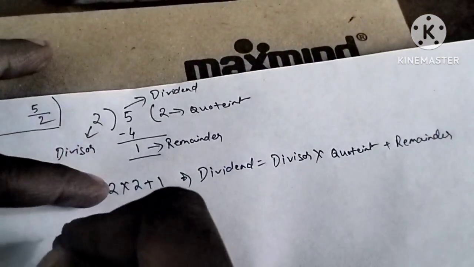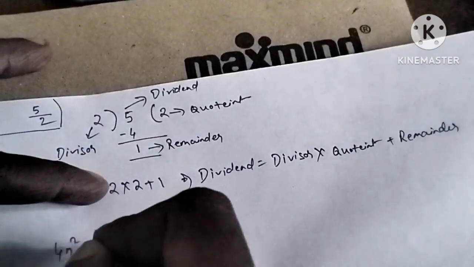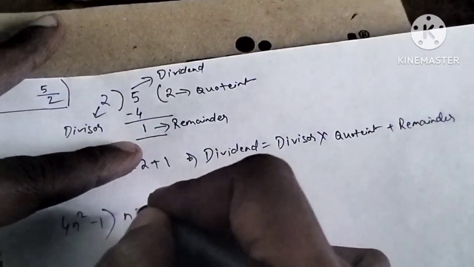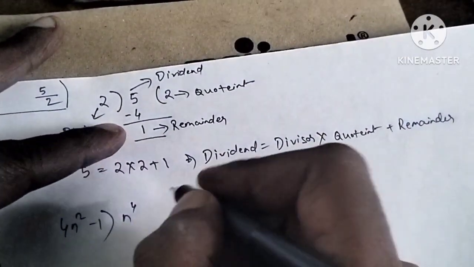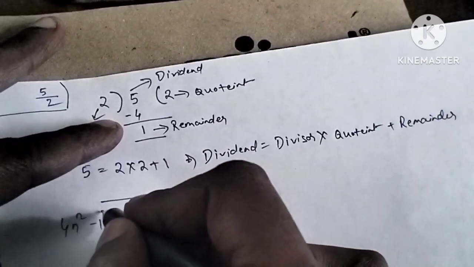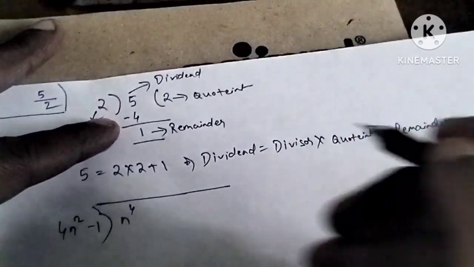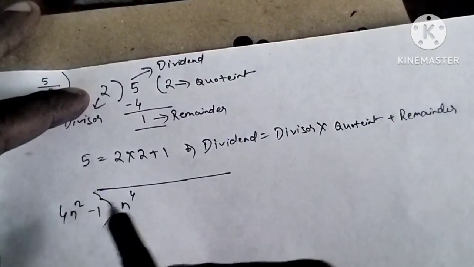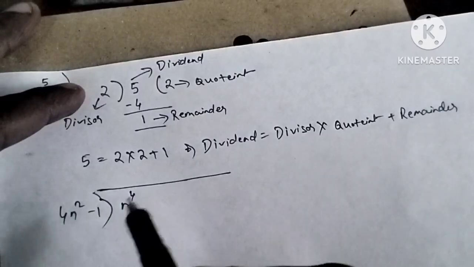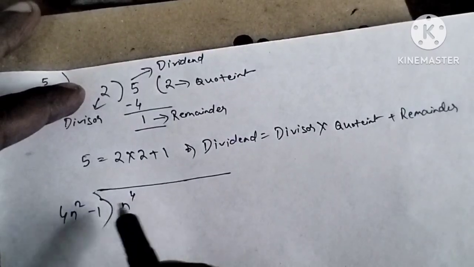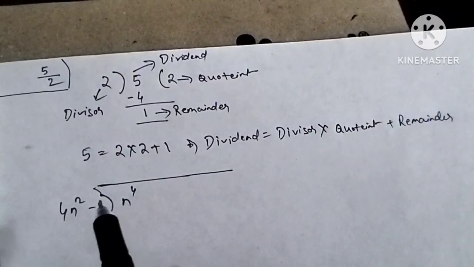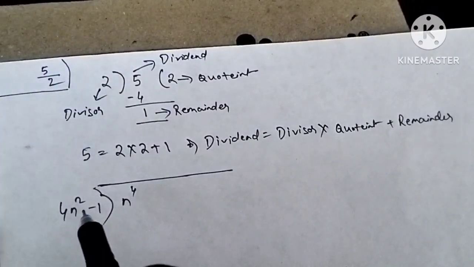That means if we divide n to the power 4 by 4n square minus 1, n to the power 4 is the dividend, this is the divisor. Now you all know how to do the division. We have learned this in class 7.